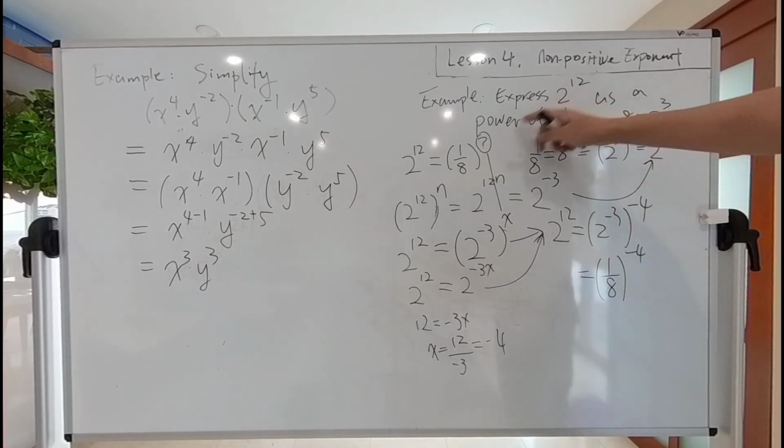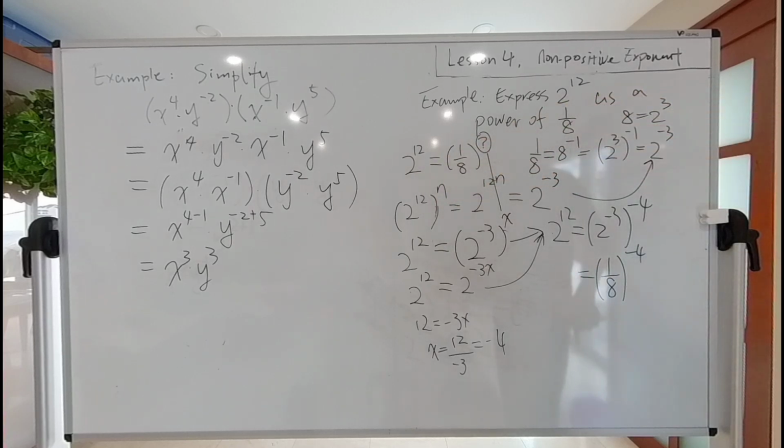Right, so then this number 2 to the 12th power can be written as a power of 1 over 8, which is the minus 4 power of 1 over 8. So that's how to solve this one.